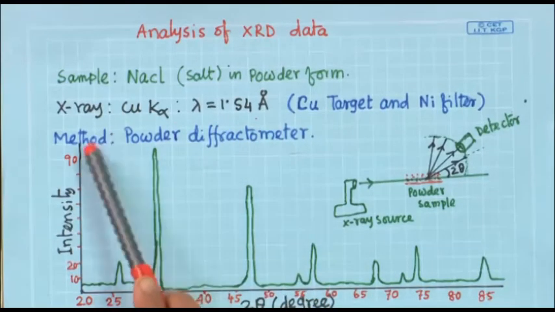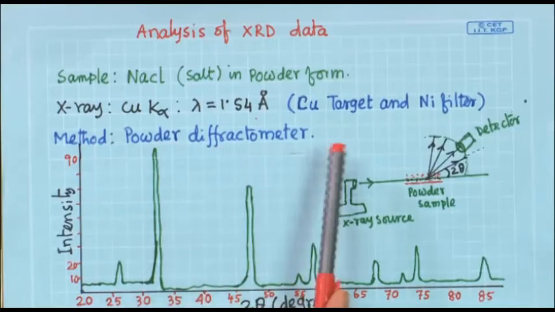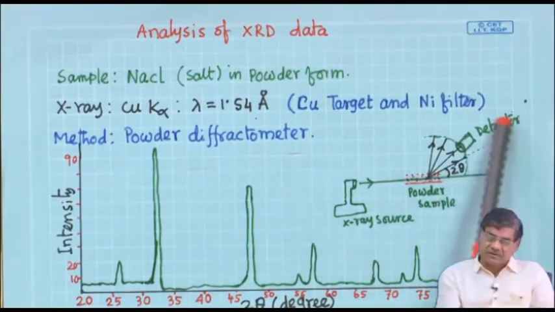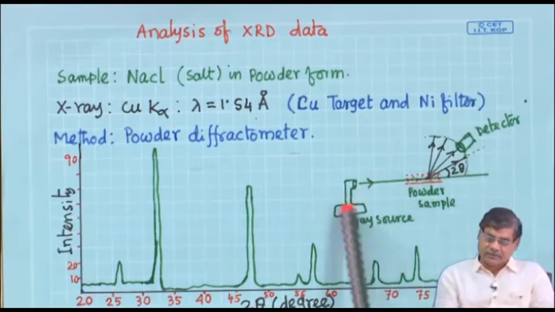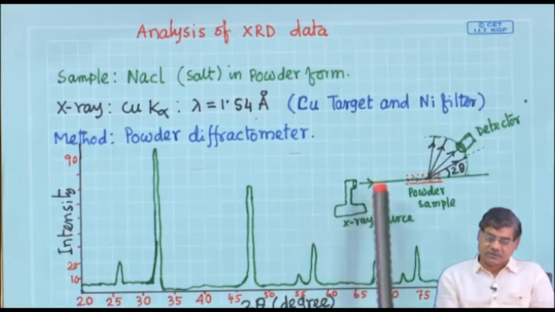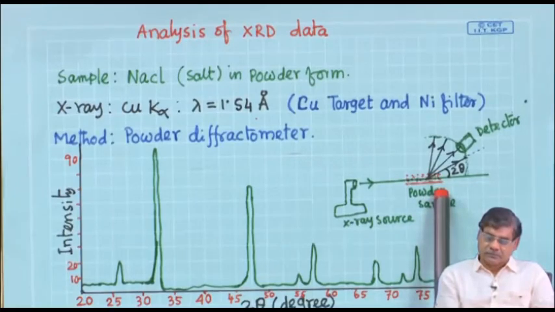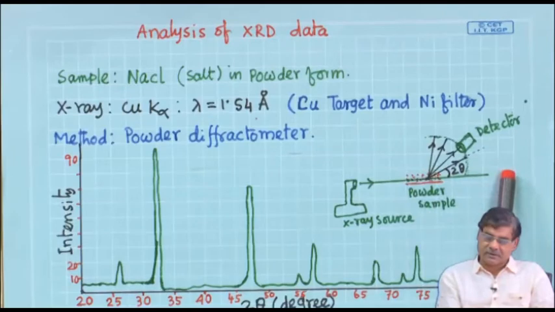This method is a powder diffractometer. The geometry is like this. This is the X-ray source. The X-ray is coming and falling on the powder sample. This is the direction of the incident X-ray.